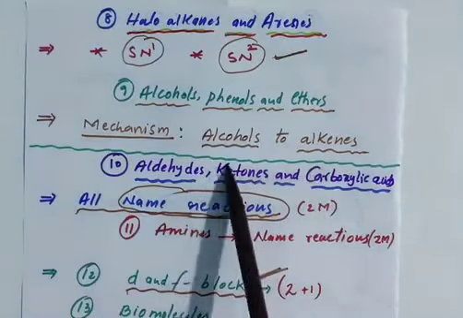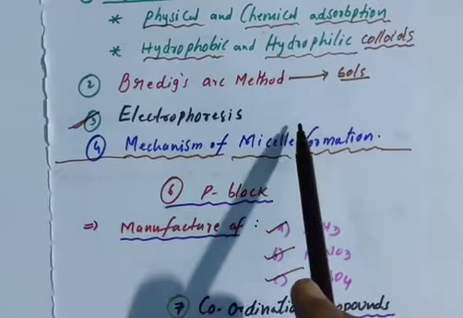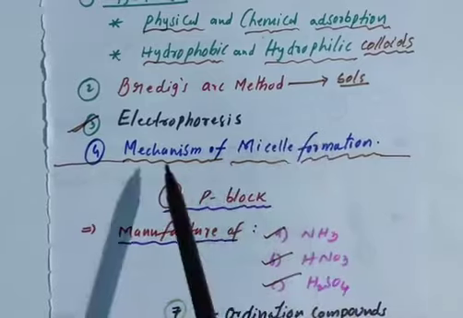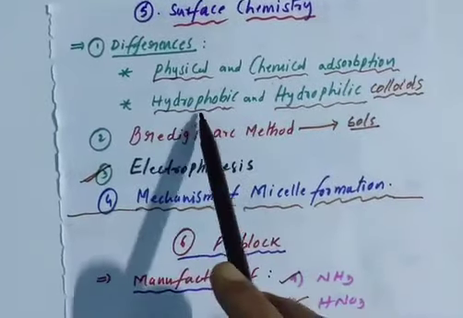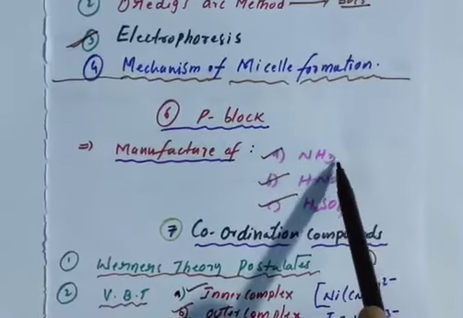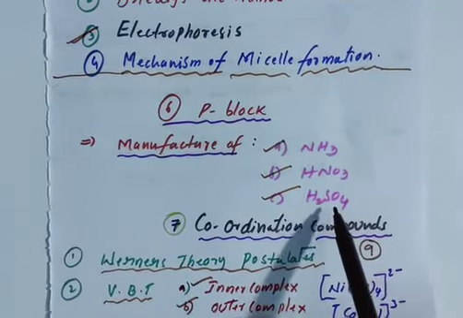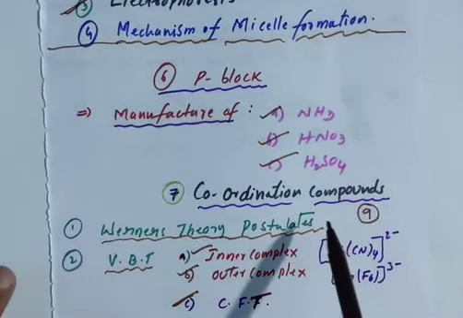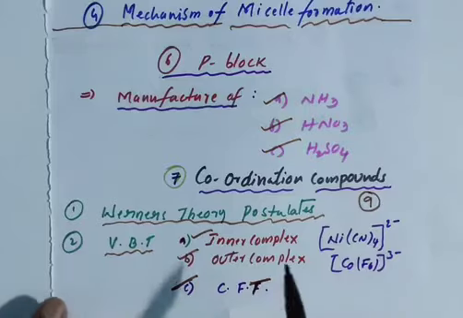And the 5th chapter I gave you is surface chemistry. Here, Bredig's arc method, electrophoresis, mechanism of micelle formation, the differences between physical and chemical adsorption, and hydrophobic and hydrophilic colloids differences you should learn. P block: ammonia manufacturing, nitric acid manufacturing, sulfuric acid manufacturing, and coordination compounds: Werner's theory, VBT and CFT.